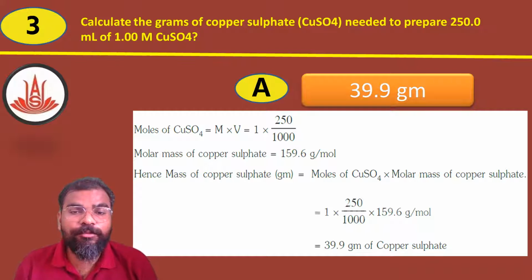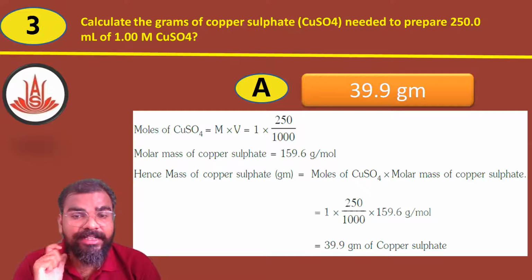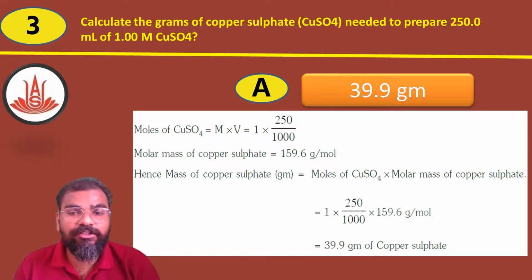So the molar mass of copper sulfate is 159.6, or approximately 160 if you take it, then too it's fine. The mass of copper sulfate in gram, which we have to calculate, is equal to moles of copper sulfate multiplied by the molar mass of copper sulfate.